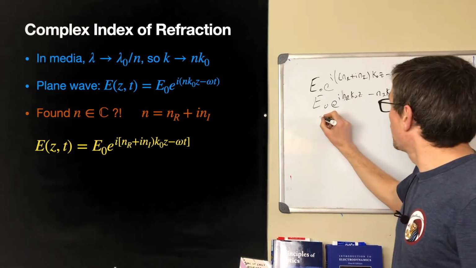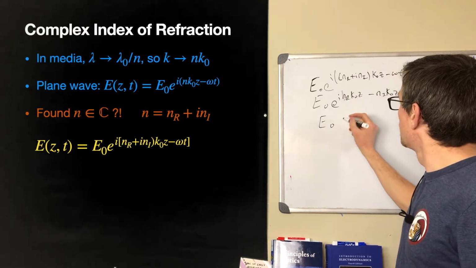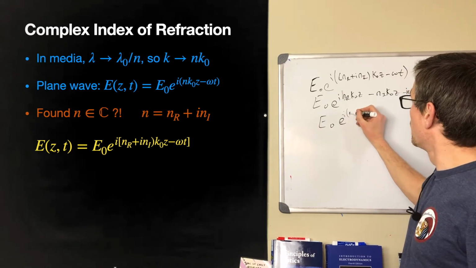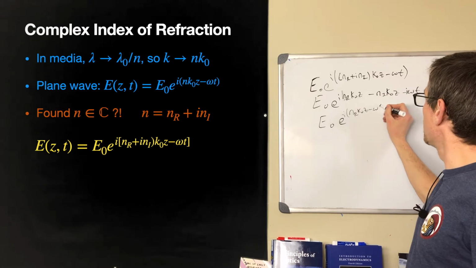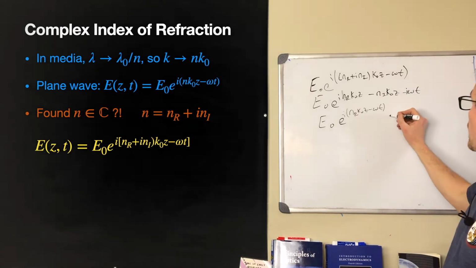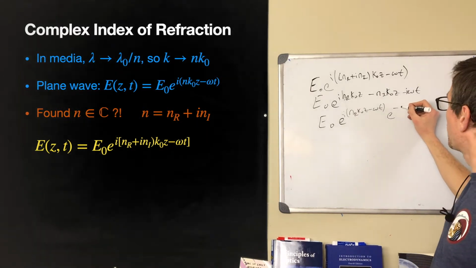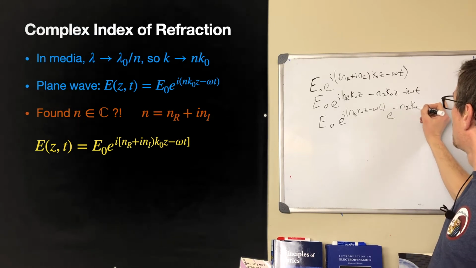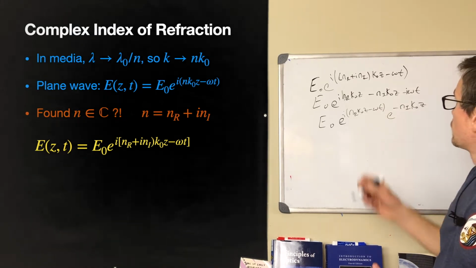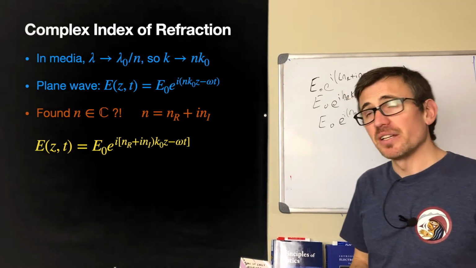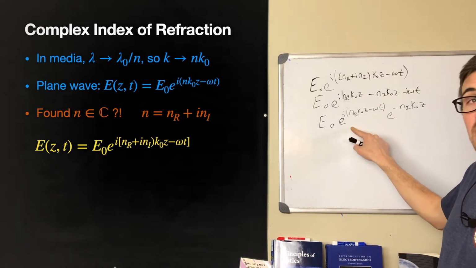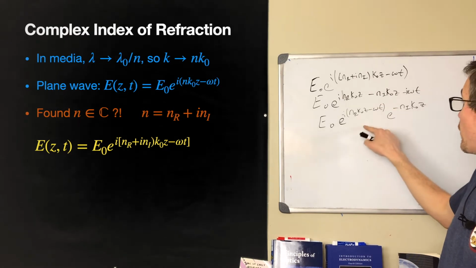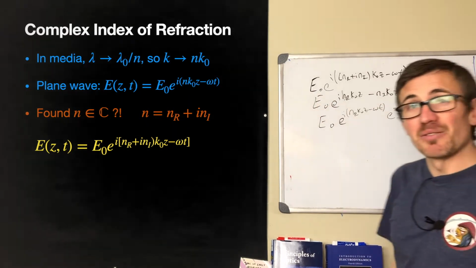So we can factor that out as a normal plane wave, n real k naught z minus omega t, all times i, plus this real term now, which is an exponential decay, with n imaginary k naught z. So we have a complex index of refraction. We actually have an oscillating part as before, but now this imaginary part leads to an exponential decay of our field.